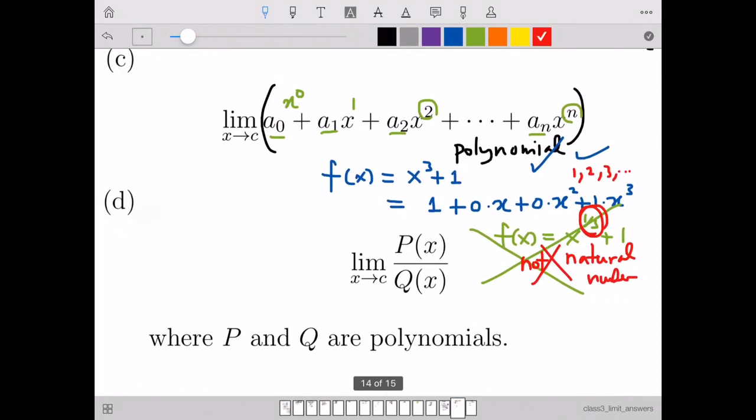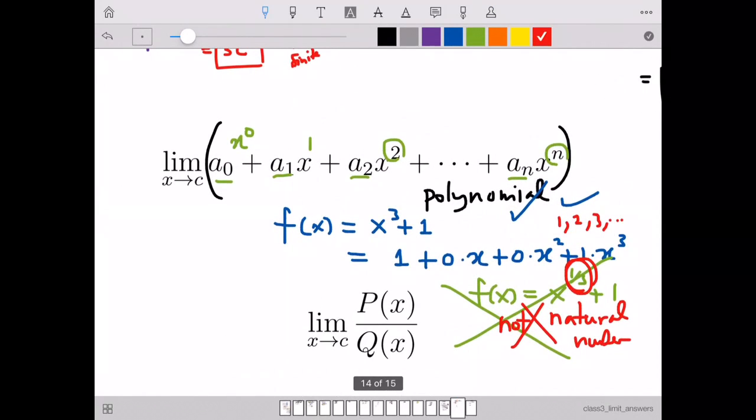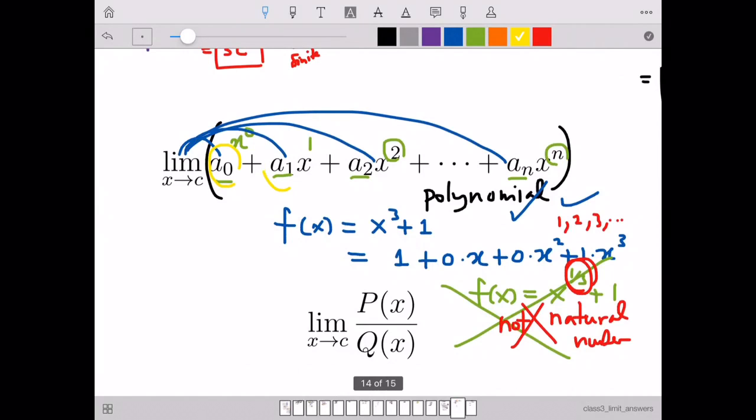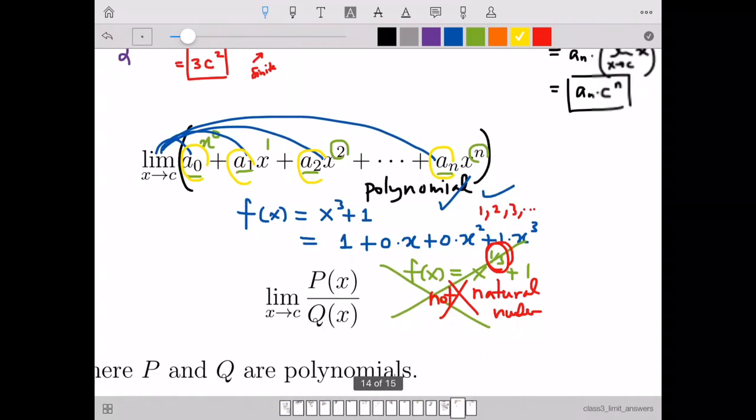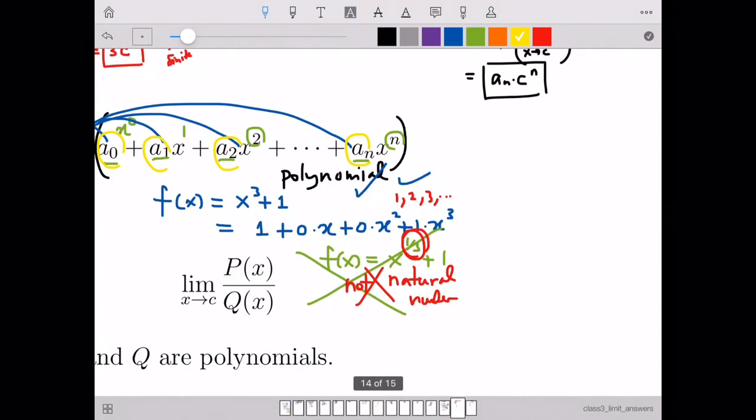Anyway, if we have a polynomial, then since each of these has a finite limit, the limit of the sum is the sum of the limits, and then I can take the constant outside. So the limit of a polynomial is this.